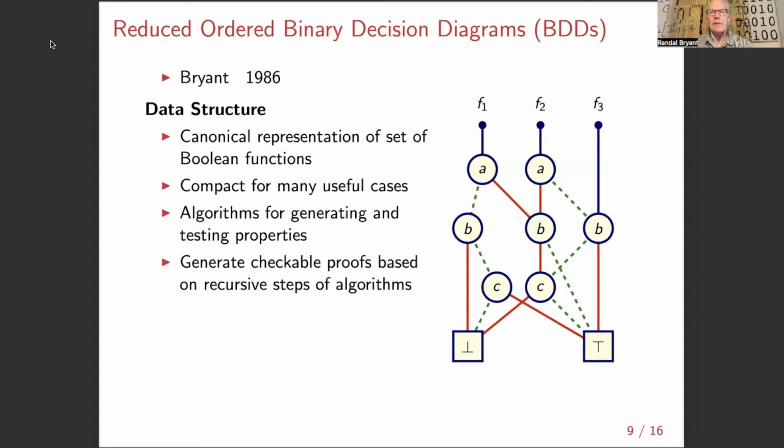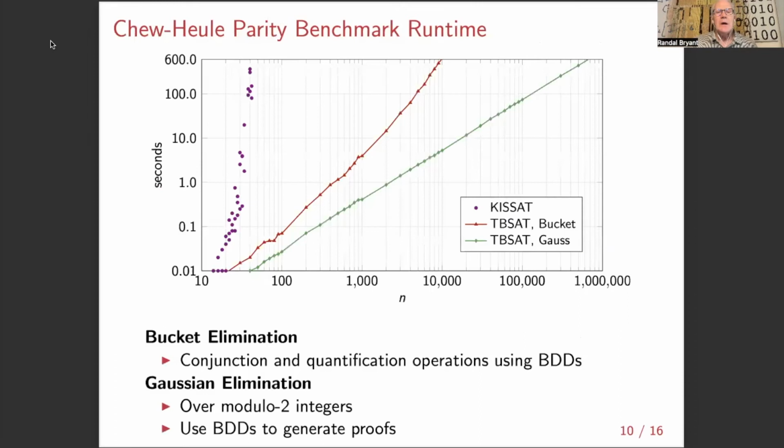And these algorithms can be encoded in such a way that the individual recursive steps spit out very brief proof steps that, when you concatenate them all together, form an overall proof that the reasoning by this BDD code was correct. And it does this in a proof framework that's compatible with the standard proof frameworks used by CDCL SAT solvers.